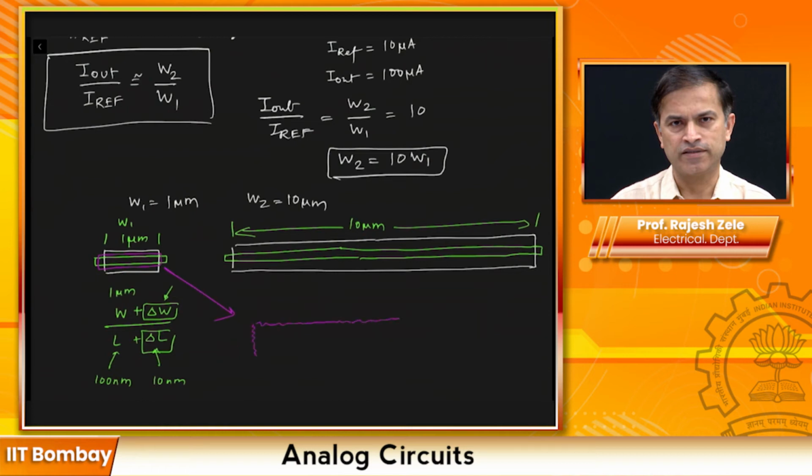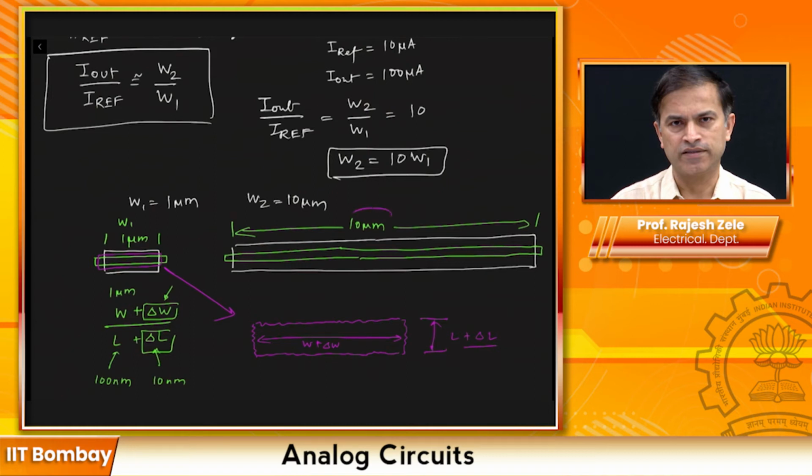The edges are going to have some kind of effect, and this is all due to the lithography techniques. So the W actually is W plus delta W, where delta W can be negative, and here is your channel length L, which could be L plus delta L. Delta W and delta L are uncertainty in your transistor size.